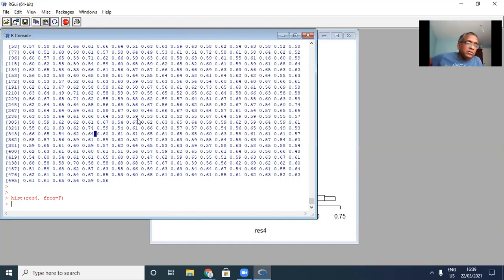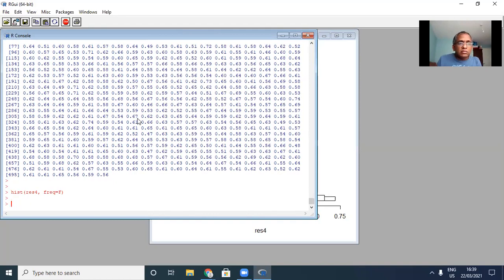I don't know whether you remember, I did this some time ago. This is a result I mentioned in the class in one of the videos, that the sample proportion is approximately normally distributed with mean p.